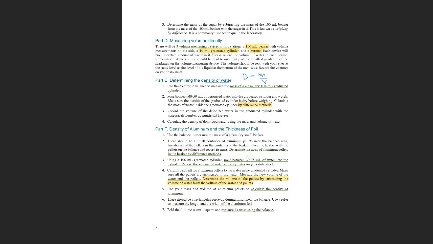It says calculate the mass of water inside the graduated cylinder by difference methods. So we know the empty, and we have to subtract the mass of the empty graduated cylinder in order to know the mass of the water. So we have the mass of the water, and then we record the volume, and we calculate the density. And then the last part, we calculate the density of aluminum and the thickness of the foil.